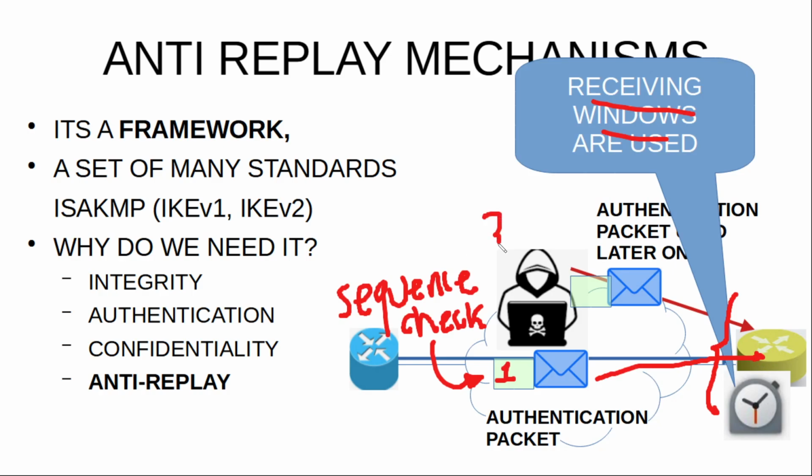If this third party copies this packet and sends it later on with the same sequence check number, the window for this sequence check number most probably will end by the time this packet is sent again. So this packet will be dropped because it arrived once the window was closed for this particular sequence check number.